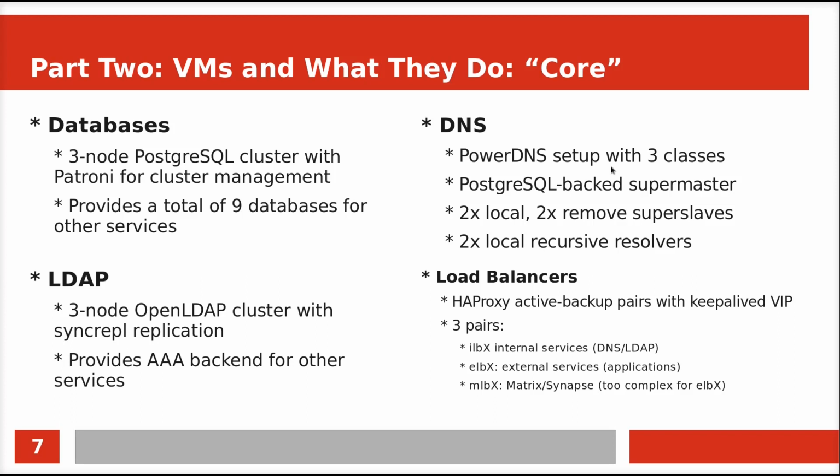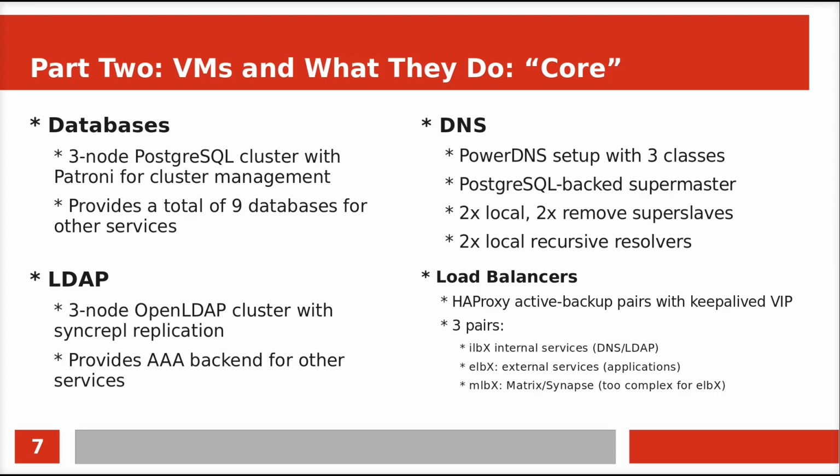Those superslaves are syncing all the zone information from the Postgres-backed supermaster, so that even if there's an interruption of the database cluster, they're able to continue serving DNS. Specifically, the remote ones ensure that even if I had a whole cluster outage, like I lose power at my house and my whole rack goes down, at least I'm not going to end up with NXDOMAIN records getting cached out on the internet. I still have those 3 remote DNS servers to provide authoritative DNS for me.